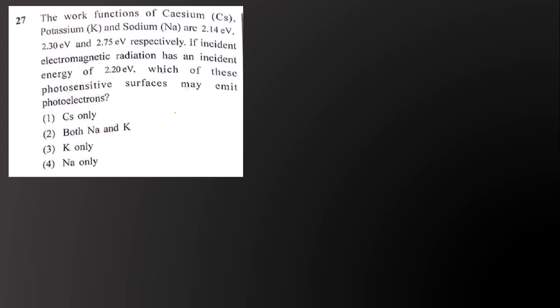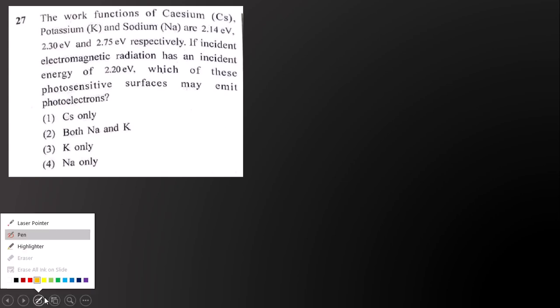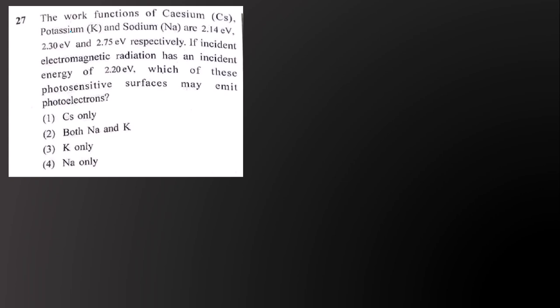It is given that work function of cesium, potassium, sodium, all the alkali metals are given. So these are some values given, and on that metal some incident electromagnetic radiation will be incident, and the energy is 2.20 electron volt. I am assuming that it is talking about 1 photon 1 electron.